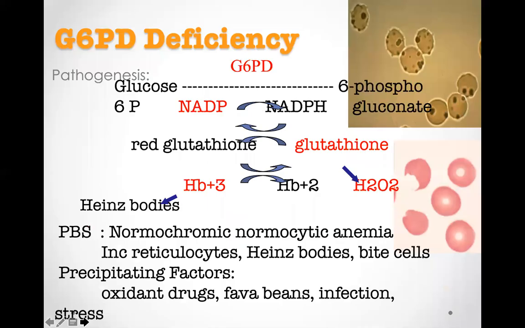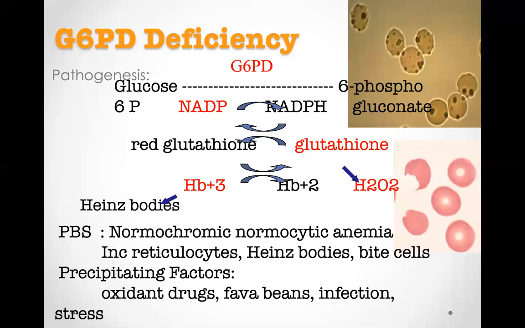Next, let's start with G6PD deficiency. Glucose 6-phosphate is converted to 6-phosphogluconate by the enzyme glucose 6-phosphate dehydrogenase, using NADP and converting it to NADPH. This is important since the reaction would generate what we call the antioxidant glutathione.